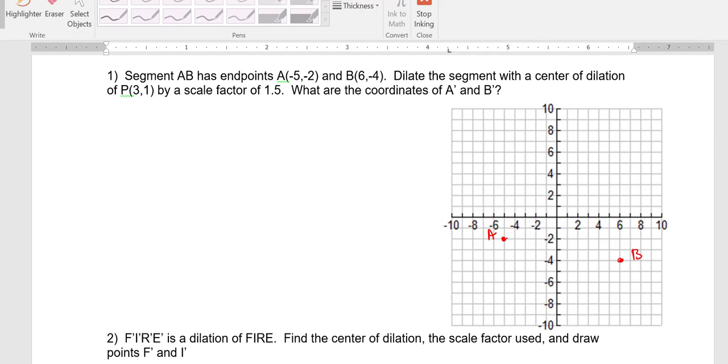So this is the segment we're talking about, and we're going to dilate that segment. The center of dilation is going to be at 3, 1. So there's the center of dilation.